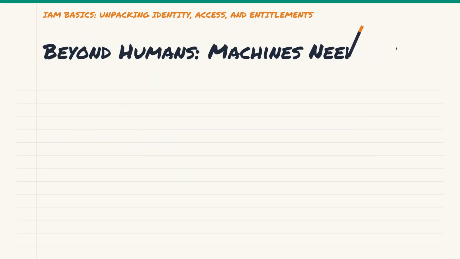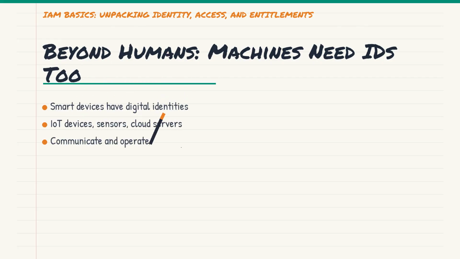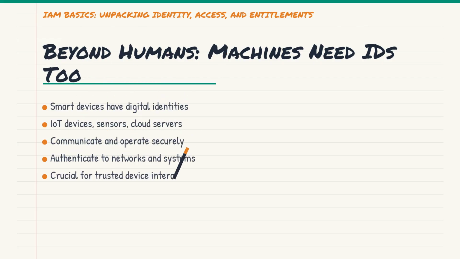Now, here's where it gets really interesting. Identities aren't just for people anymore. Think about all the smart devices around us, your smart home speaker, a sensor in a factory, or even a cloud server doing complex calculations. Each of these things needs its own digital identity to operate and communicate securely.